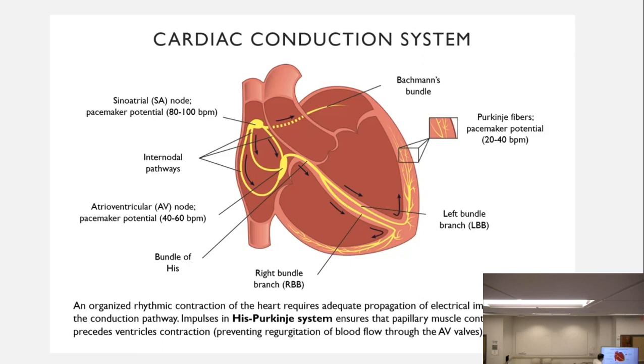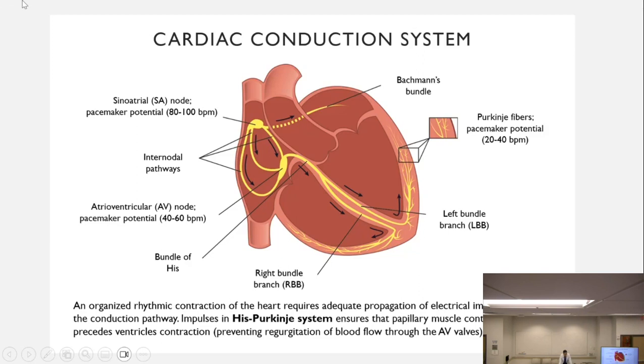Now, it is important that we also remember that there is a system of valves that prevent the blood from going back when the heart contracts. We have valves between the atria and the ventricles, which we call AV valves, atrioventricular, and we have valves at the exit of the ventricles, which we call the aortic and pulmonic valves.